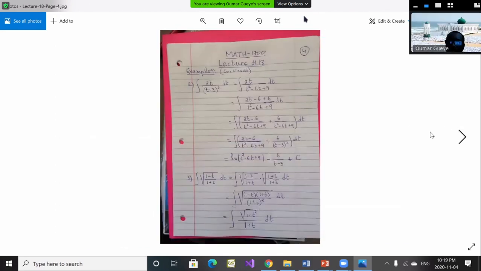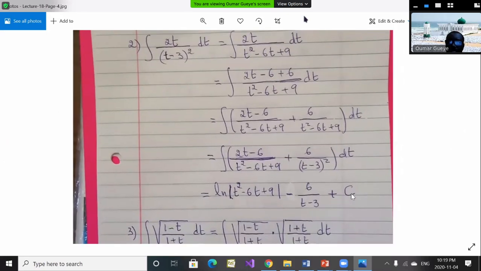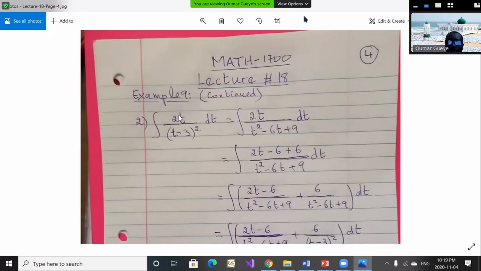All right, so next example. We have 2t over (t minus 3) squared. For this integral, we have different methods. You can see this is a rational function, so you can use partial fractions decomposition.